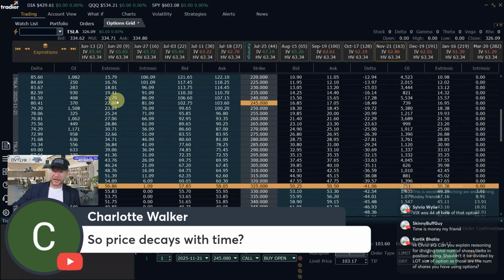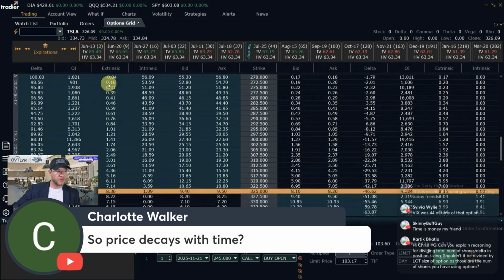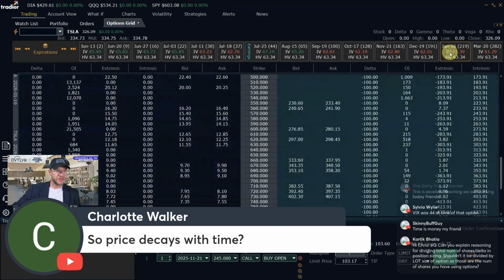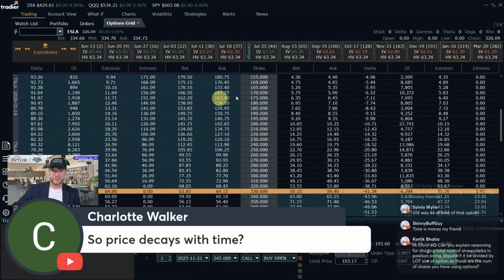Now, it's going to be really high the further out you go, and it's going to be really low if we go to the one that's 2 days out. It's going to be really low, right? Because the uncertainty risk right here is, I mean, there's only 2 days. There's not much that can happen in 2 days versus 200 days, right? 200 days, we're looking at significantly higher extrinsic value.